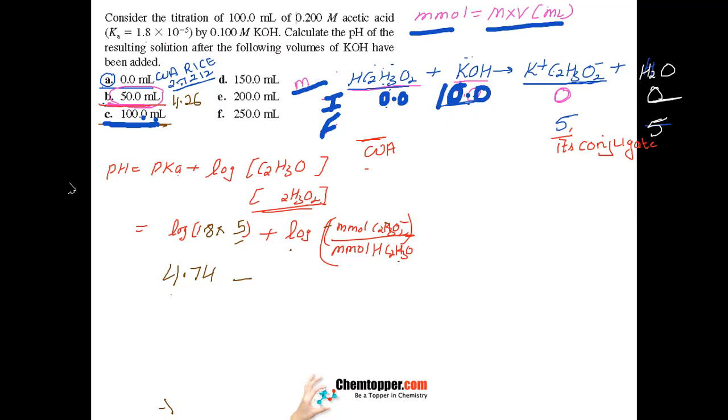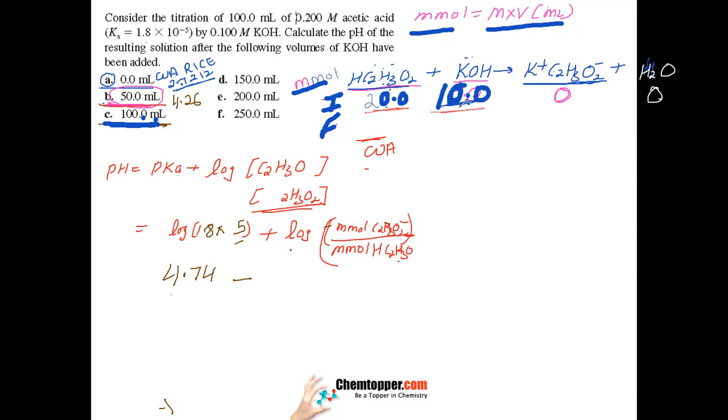Okay. Now complete this next table. This was 20 and this is 10. Can you complete the table? No one is helping me. So after the reaction, how much is left? Who is the limiting reactant? How much KOH is left?